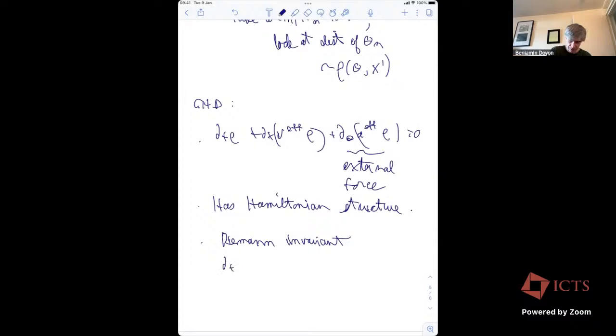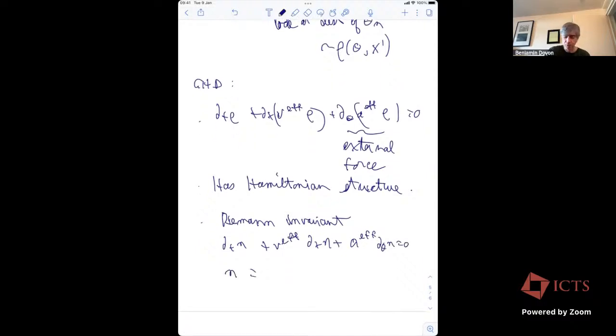So ∂_t n plus v^eff ∂_x n plus a^eff ∂_θ n equals 0. And this n has a simple form: n depends on θ, x, t, and is simply ρ(θ, x, t) divided by 1 plus the integral dα φ(θ, α) ρ(α, x, t).